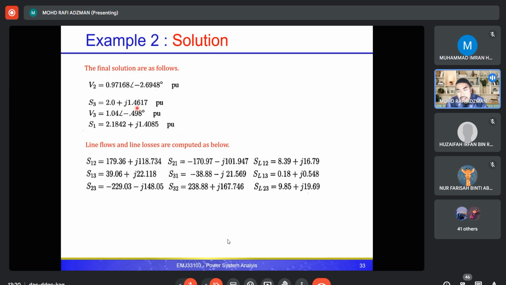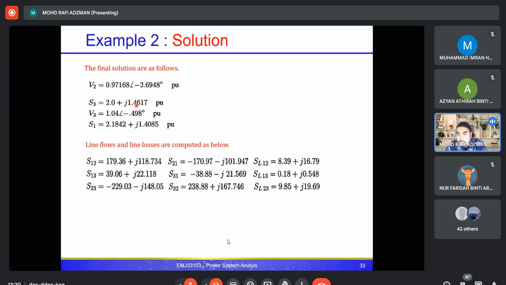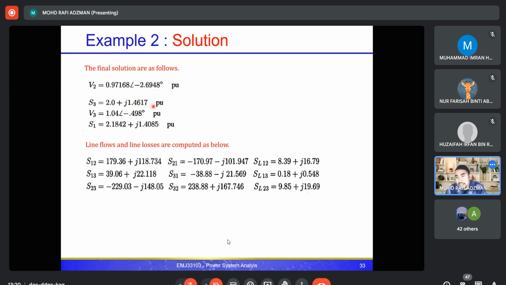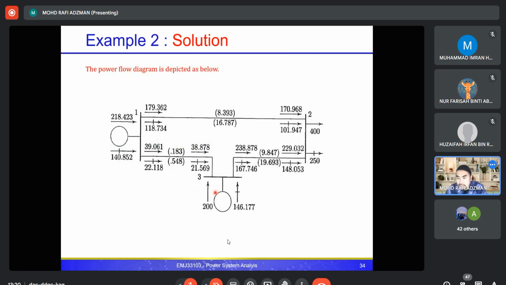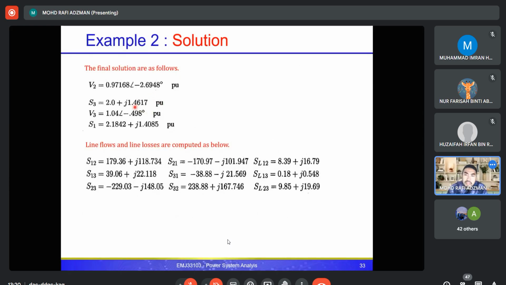Okay, I'm not sure what iteration number this is, but if you look here and here, it doesn't seem right. 1.4608. This is 1.4617. Okay, so meaning that this value will keep on changing until it gets this value. And V3 after it converges, the magnitude is equal to 1.04 and angle minus 0.498.